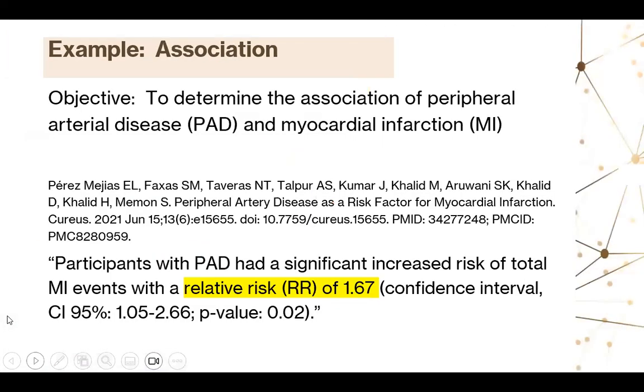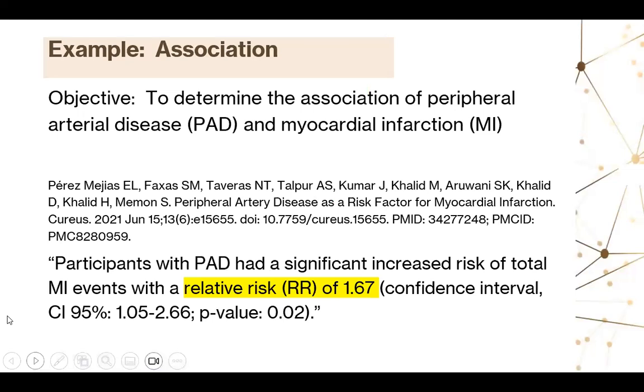Because we talked of comparing proportions, it's just logical that we proceed now to association, which basically compares proportions of those with and without an outcome among those with and without an exposure. So for example, your objective is to determine the association of peripheral arterial disease or PAD and myocardial infarction MI.